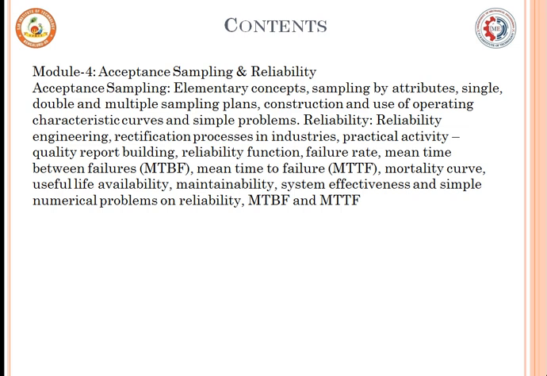In acceptance sampling, you'll be seeing what acceptance sampling is. Here single and multiple sample plans are discussed, construction and use of characteristics and simple problems. Further, what is reliability engineering, what is the practical activity, how to give a quality report building, what are reliability functions, all those things are discussed in the first part.